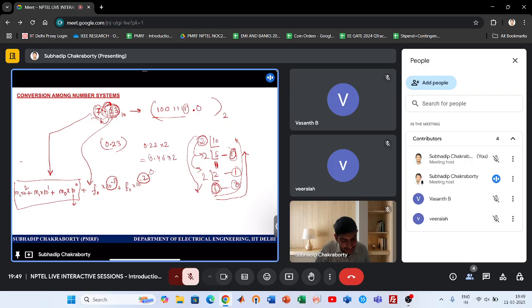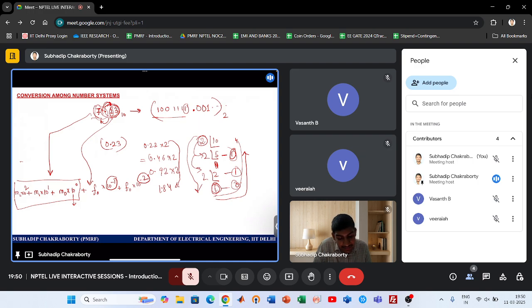What you get? 0.92. Again you get 0, then again you multiply by 2. What you get? 1. Likewise it continues.